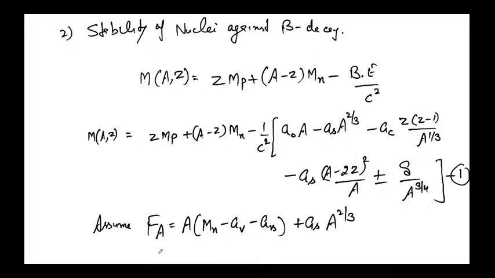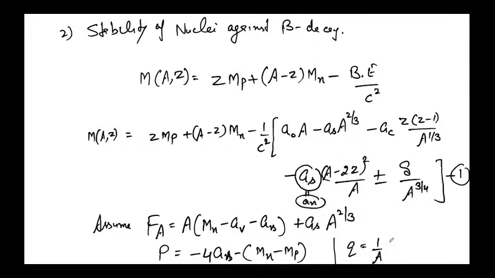Through this we can find out the stable isobars. P I have assumed to be 4 times As minus (Mn minus Mp), here An or As are the same, in some books it is written as An, that is the asymmetry term. So I will write here As. And Q is 1 over A to the power 1/3 times (AC times A to the power 2/3 plus 4 times As).